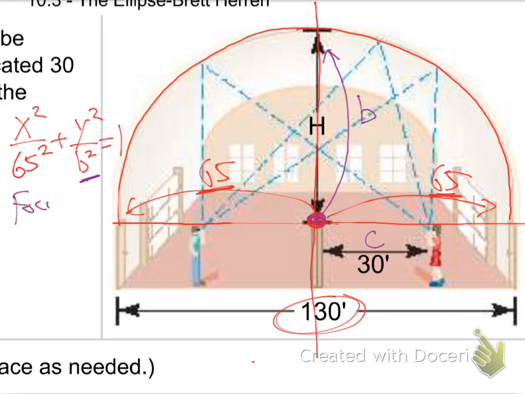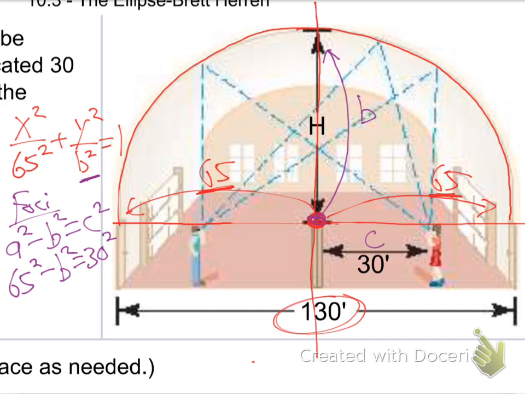So I can set up the focus equation: a squared minus b squared is c squared. The Pythagorean with a minus. So what's the a? 65. 65 squared. Looking for the b, the c is 30 squared. So now I just solve that for b.